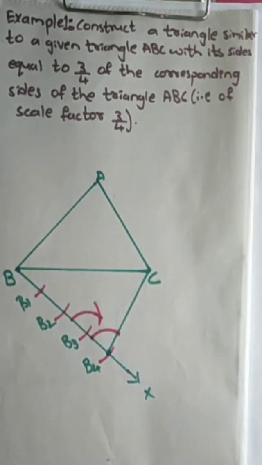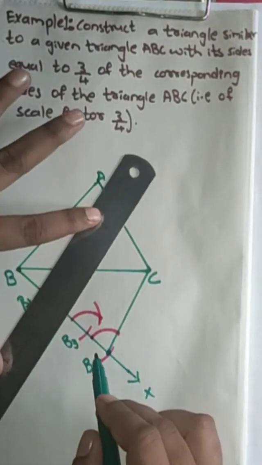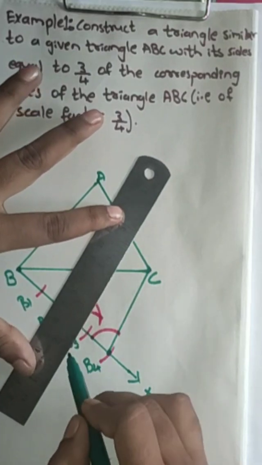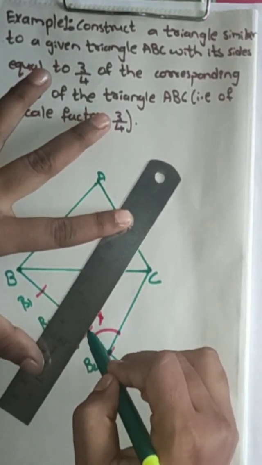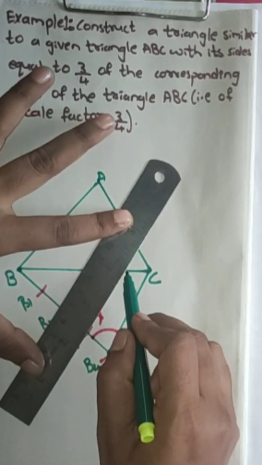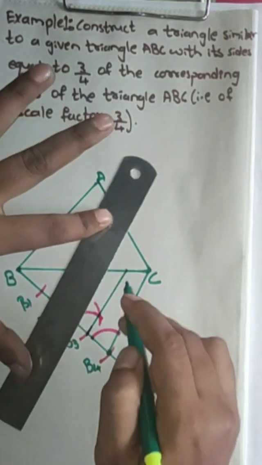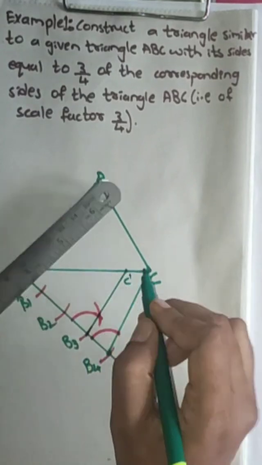Now join to the BC, which will be our parallel line from B3 to C dash. This is our C dash.